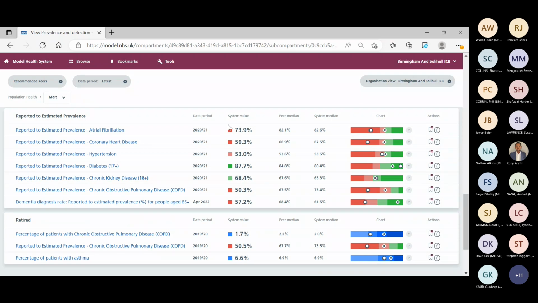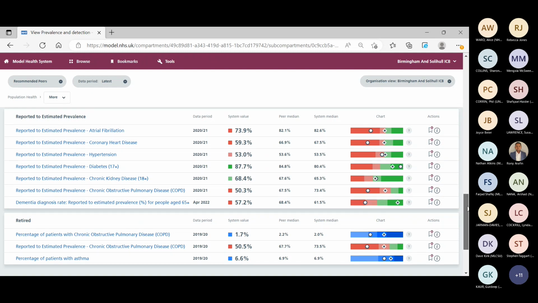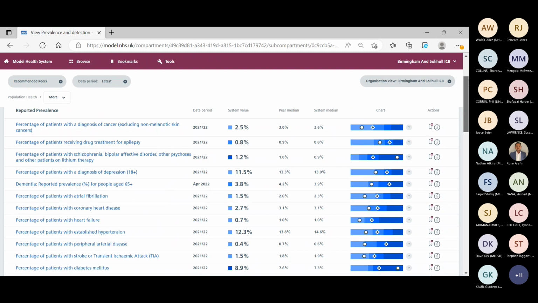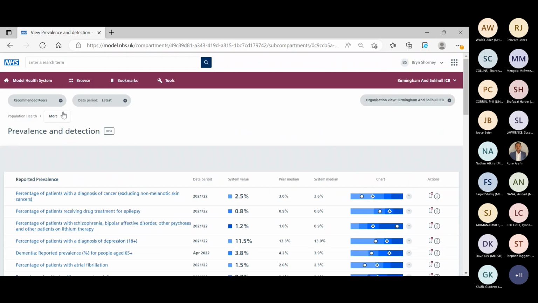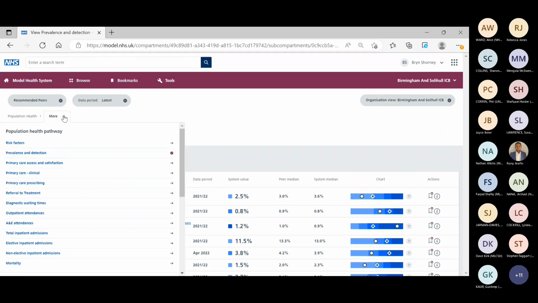So for example, here for coronary heart disease, for Birmingham and Solihull ICB, just 59% of the people who are estimated to have coronary heart disease are actually captured on the GP registers in that QOF data. Again, all the same functionality applies, but I won't repeat that.